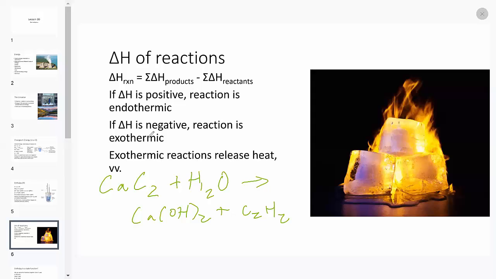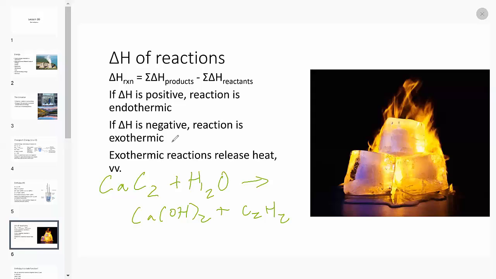We're releasing heat, so delta H is negative, right? What about the melting of water? Do you think the melting of water is delta H positive or negative? So when we melt water, we are adding energy to the water because we have to add energy to break the bonds between water molecules to go from this rigid crystal, this ice, into a liquid where the molecules flow freely.